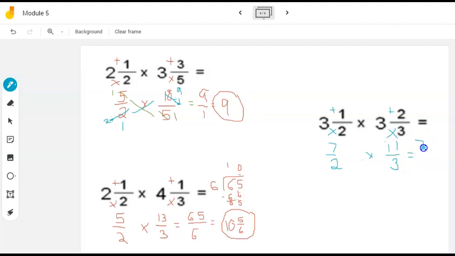So I multiply the numerators, then I multiply the denominators. 77 divided by 6 goes in there once, 6. Goes in there twice. Sometimes it is a two-step process, that's okay. So 12 and 5/6.